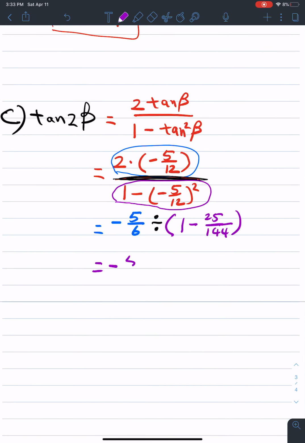So negative 5 over 6 divided by, so I got what? 144 minus 25 over 144. Why do I change 1 to 144 over 144? I need the same denominator. So combine them.